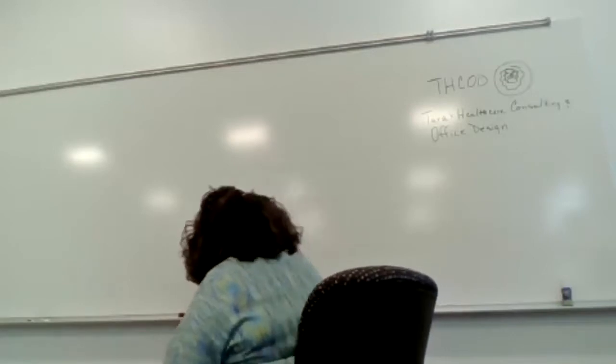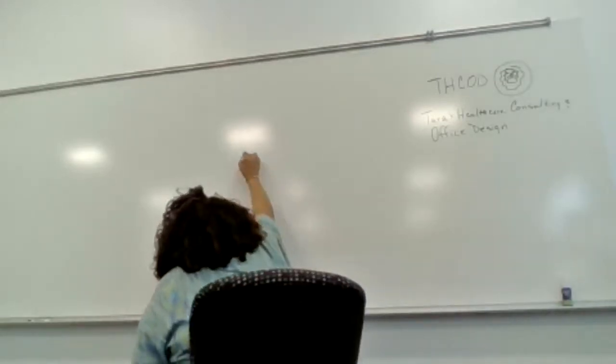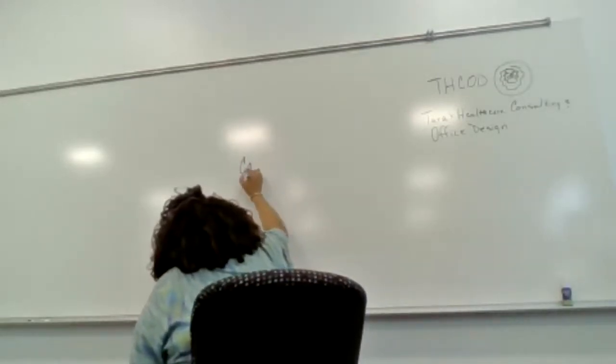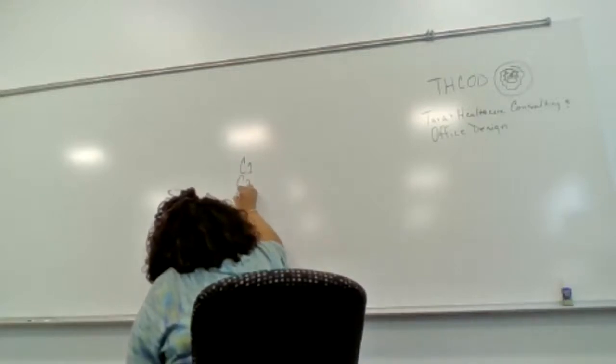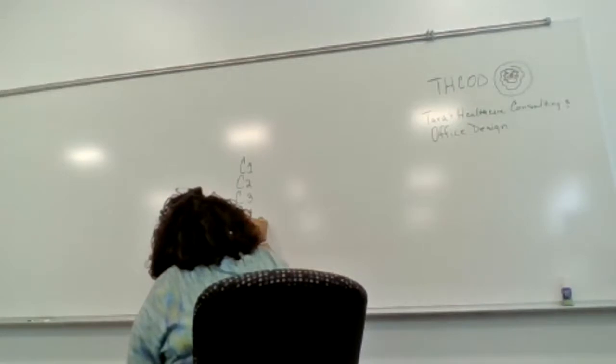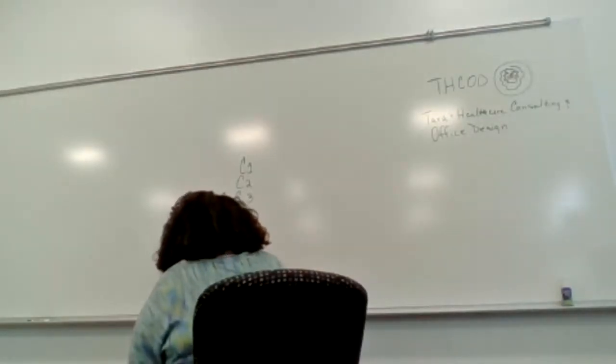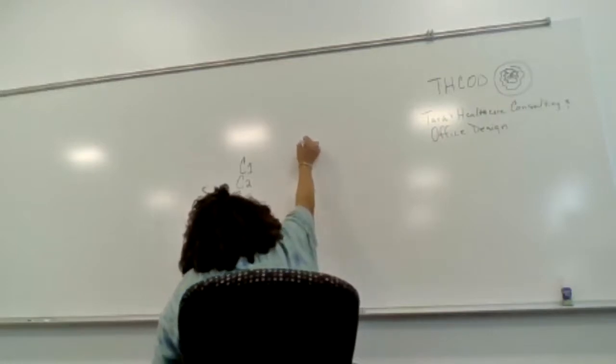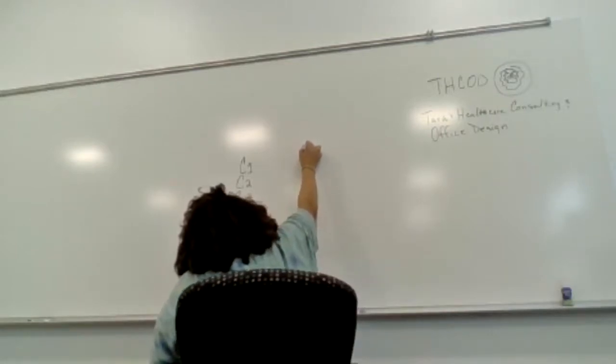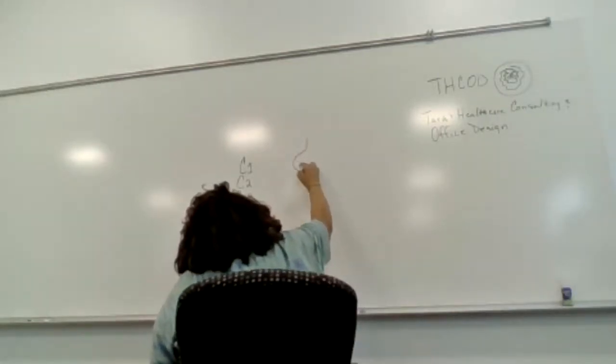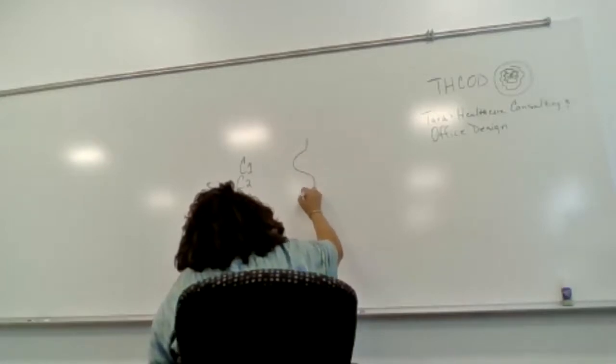Okay. All right. So let's look at this. So you have C1, C2, C3, C4, C5, C6, C7. Okay, so I'm not the best drawer. I'm sorry. I'm just going to draw the best that I can here.